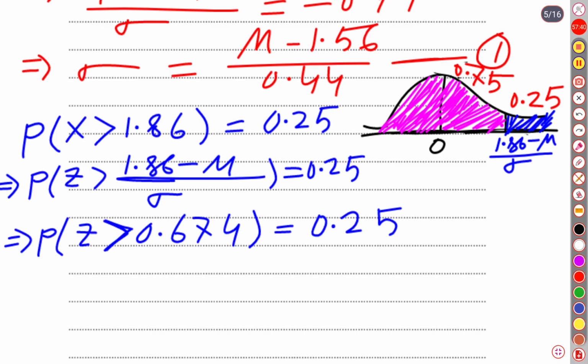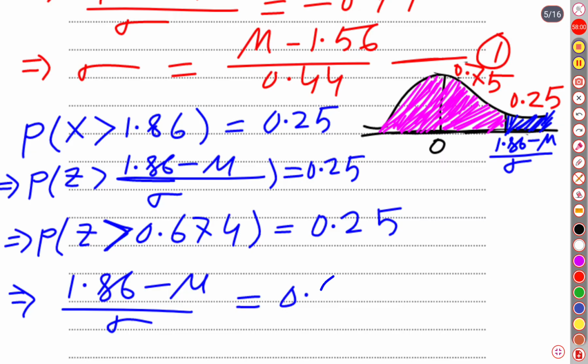We may leave this as an equation. One more step should be written. If we compare the coefficient, it is going to be 1.86 minus mu over the standard deviation is equal to 0.674.